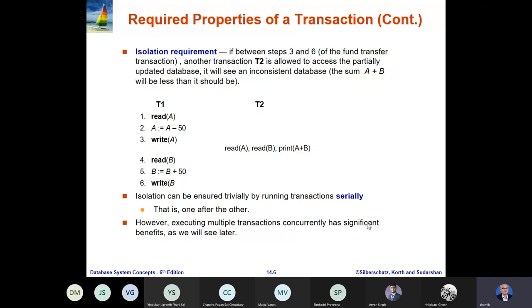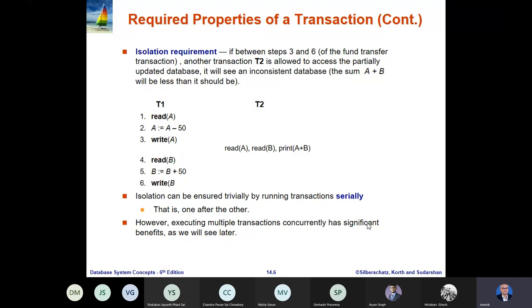So say I have two transactions T1 and T2 getting executed concurrently. T1 has done the first three instructions, which you have seen: reading A, A equal to A minus 50, and writing A. Then before T1 has read B and updated B by that 50 and written B, T2 reads A and B and prints A plus B. You see that the value of B that T2 is reading is the original value of B, say 2000, but the value of A that it read is 950, which is after reduction by 50.